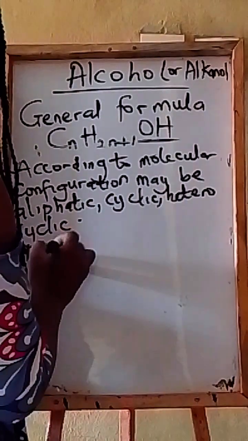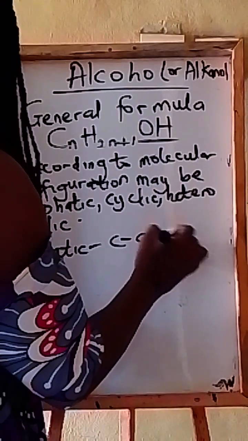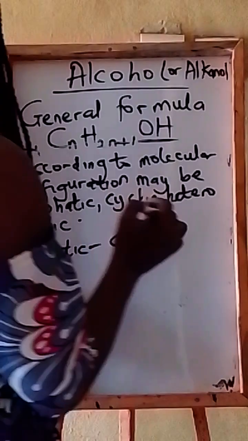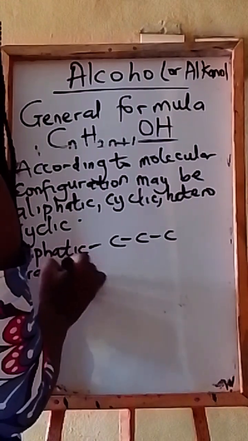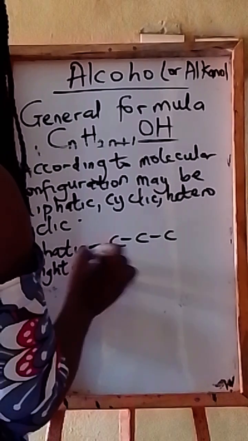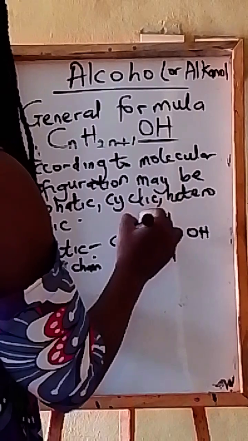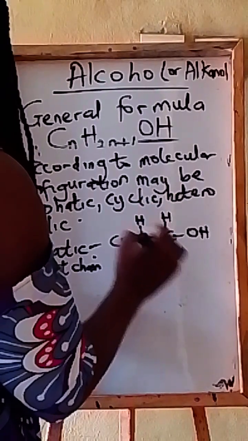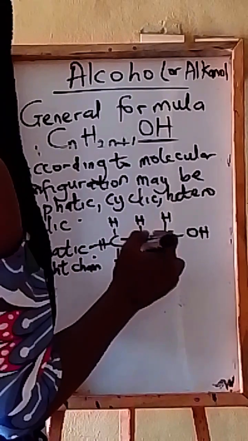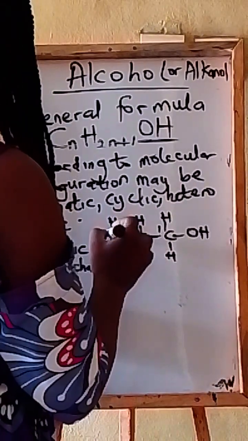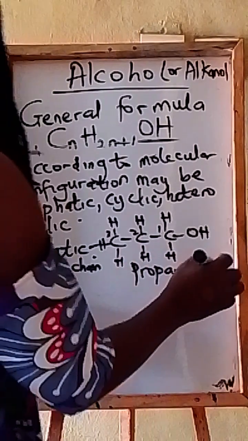Aliphatic, when we say aliphatic, we have 1, 2, we have it like that. So aliphatic is a straight chain. So we have OH, we have H. So this is 1, 2, 3, and this is propanol.